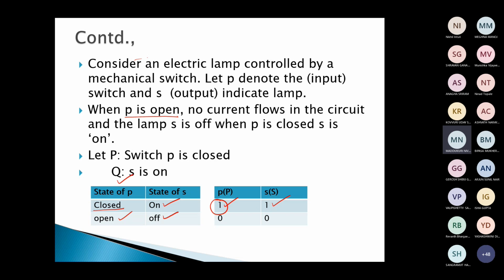Whenever the circuit is open, that is, not closed, I'm assigning the truth value 0. The same truth value is assigned to the lamp also. The lamp will not glow, so it is 0. Don't worry, these are all just symbolic stories.